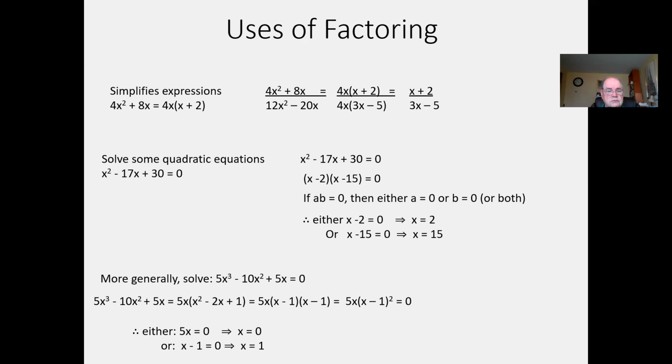I understand that if you multiply x minus 1 times x minus 1, you'll get x squared minus 2x plus 1, or vice versa. But I don't know how you easily went from x squared minus 2x plus 1 to x minus 1, x minus 1. How did you get that?